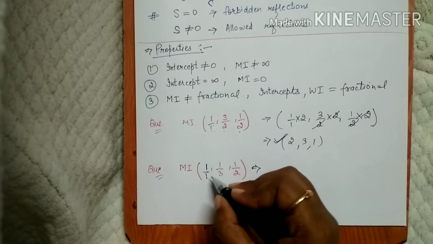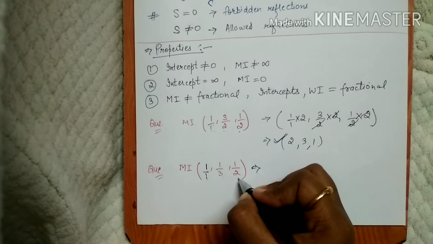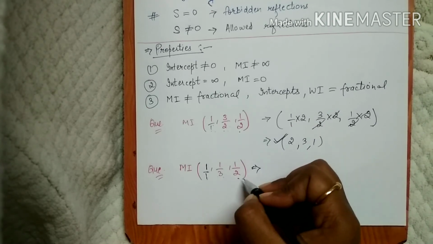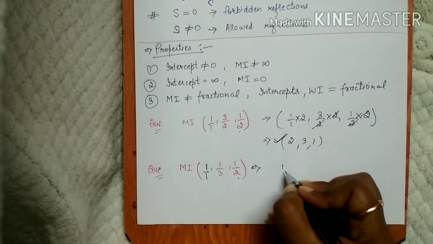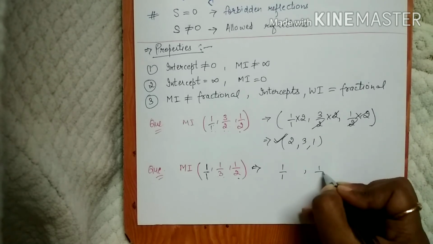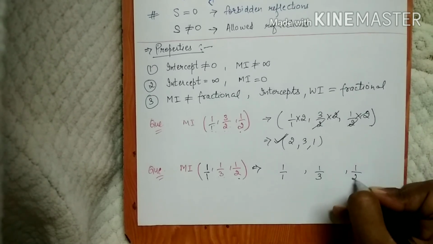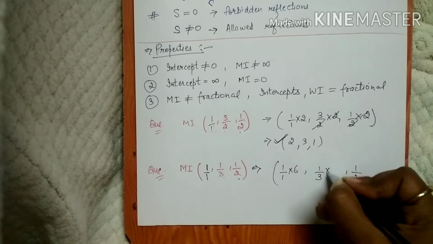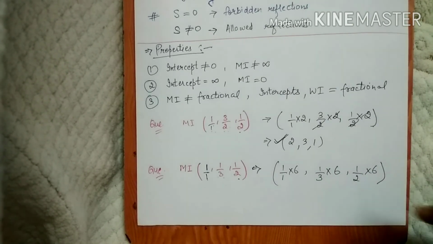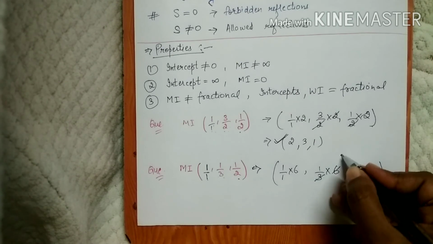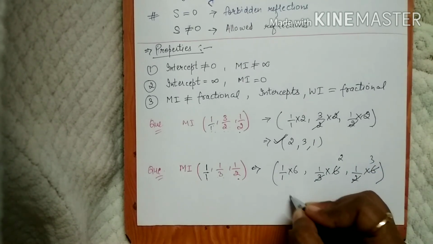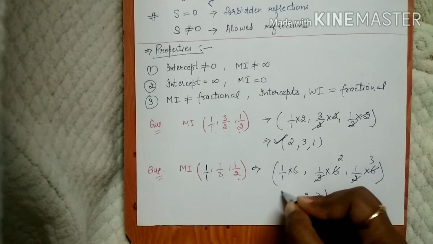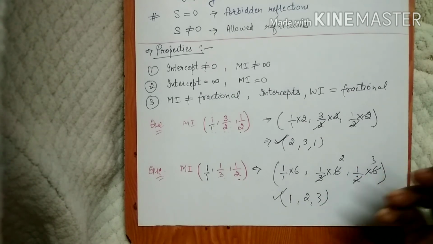So what I'm going to do is take the LCM of the denominator. The LCM comes out to be 6. Now multiply that LCM with each of the following terms. So these are your Miller indices.